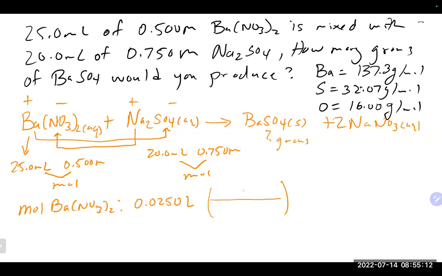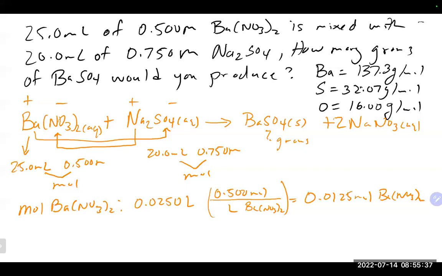Using our molarity without the big M there, 0.5 moles per liter. And that is going to get us 0.025 times 0.5, which looks like 0.0125 moles of barium nitrate.